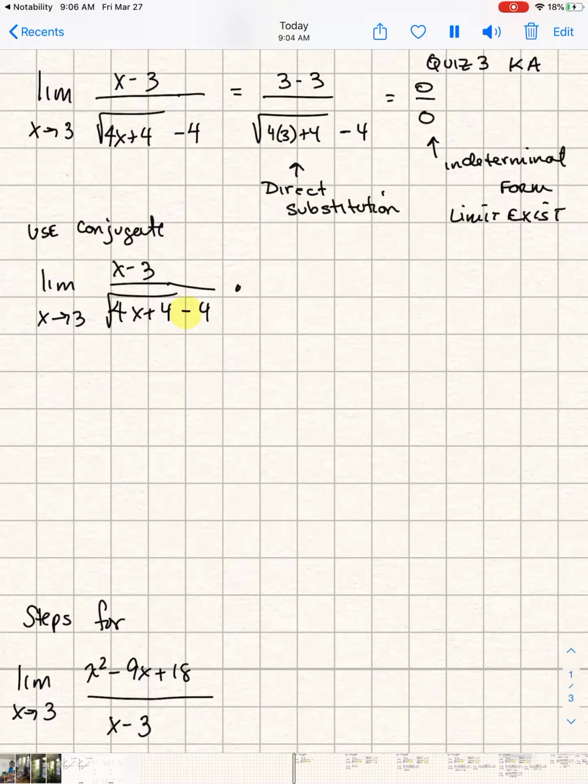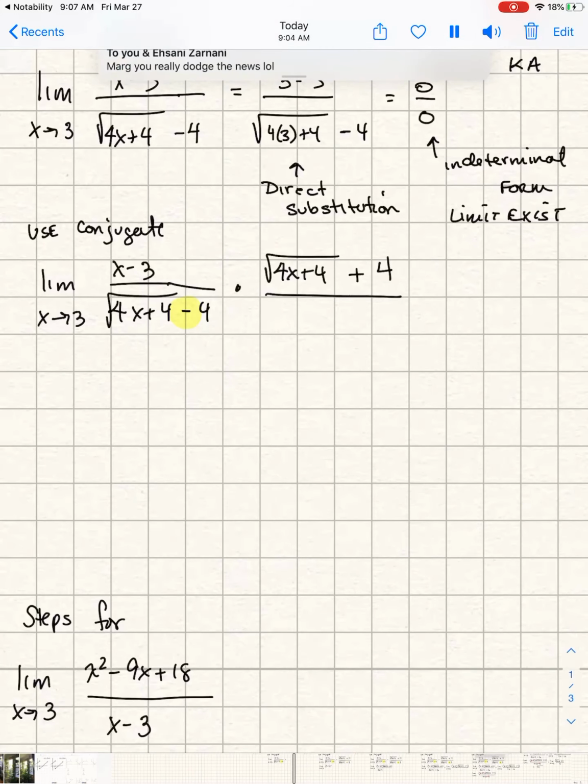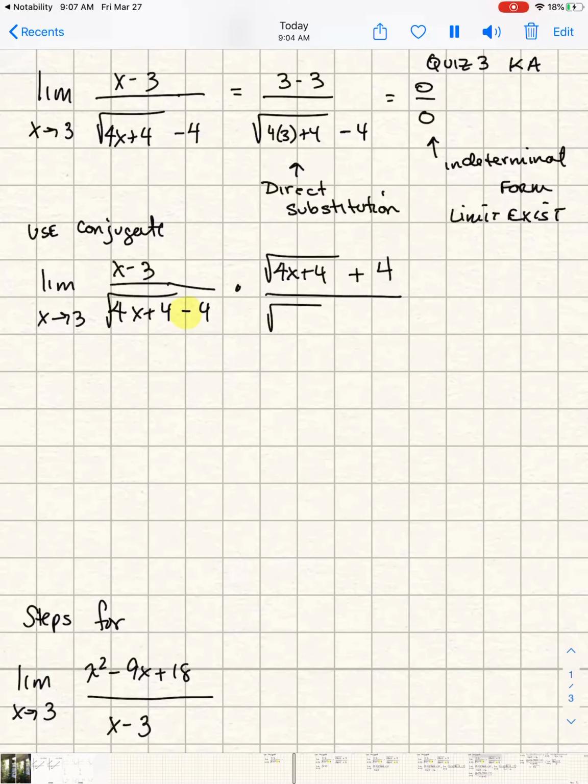So I want to multiply top and bottom, my bad, by the square root of 4x plus 4. Now don't change the inside of the root, just change the sign in between the two.